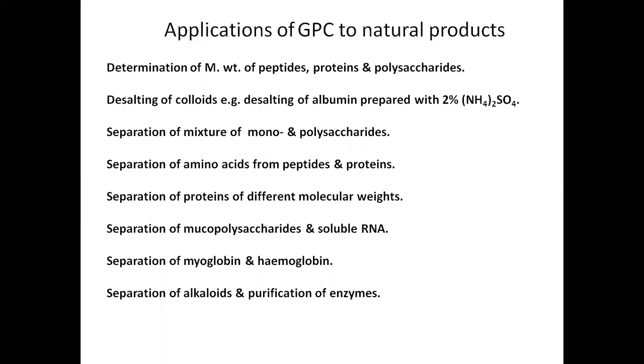So these are the applications of gel permeation chromatography to natural products. We are seeing that a large spectrum of samples or substances can be separated using gel permeation chromatography.